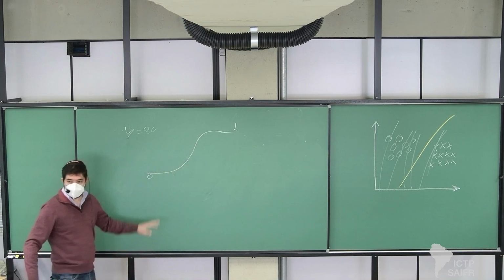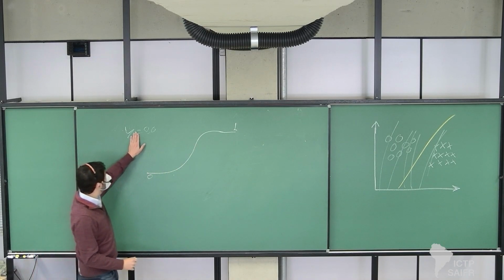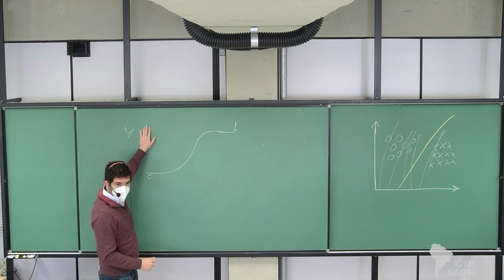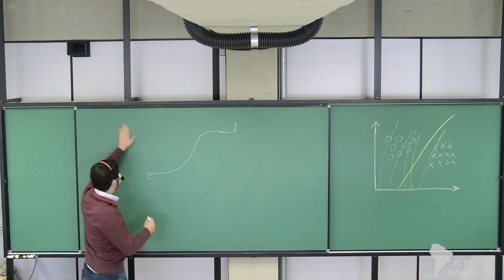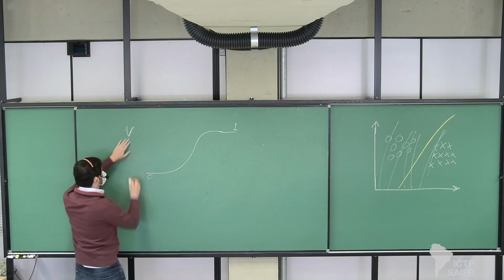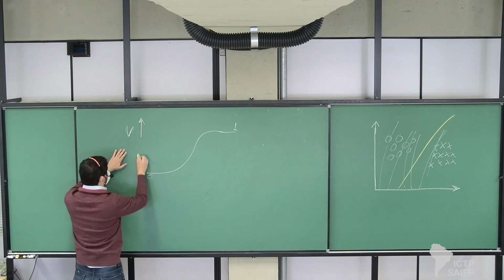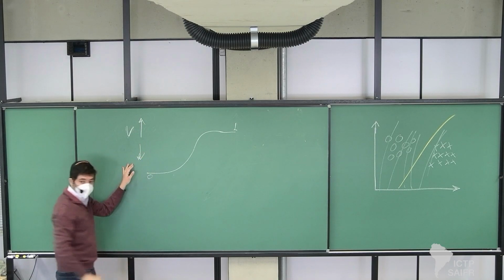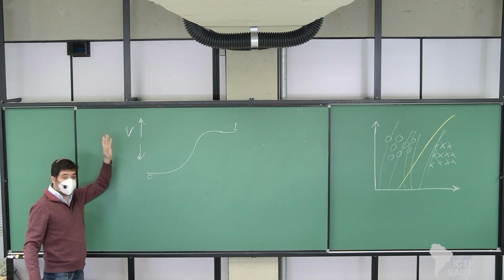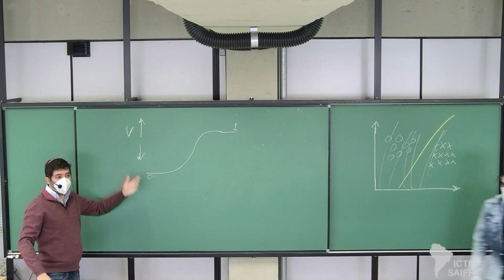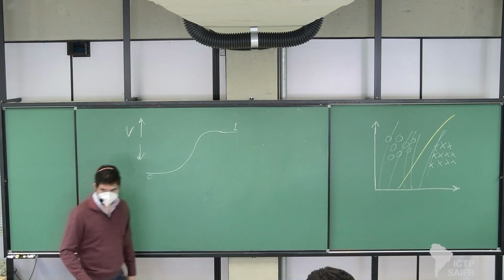But what happens is that with time, the outputs of your neuron, I'm talking about the V now, the linear combination, can start to be very high or very low. And then the output of the neuron will always be 1 or 0. And at this point, there will be no learning anymore.